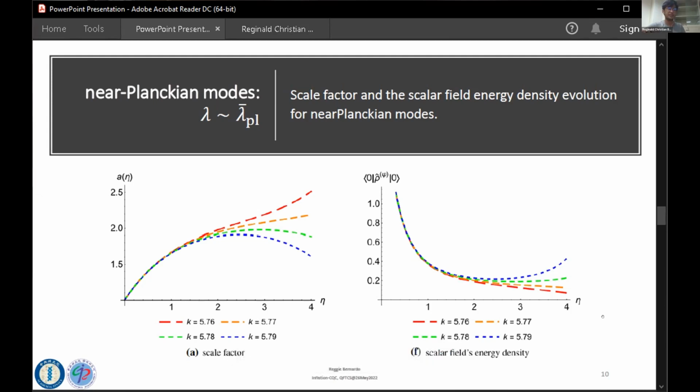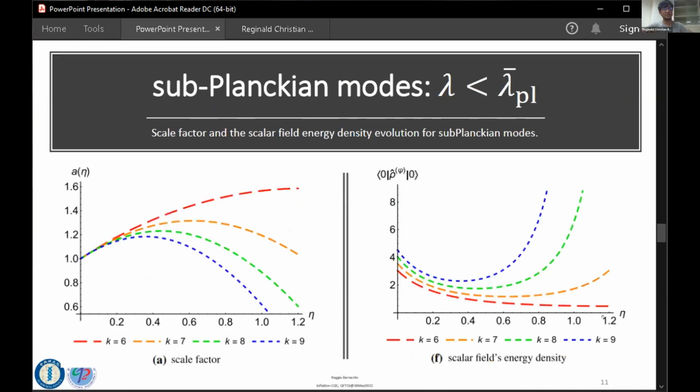The other side of this is the sub-Planckian modes, as I referred to them. Here, I'm considering the wavelengths which are shorter than what I have found to be the threshold wavelength, in which case, in all of these cases, I would find that the expansion would always collapse.